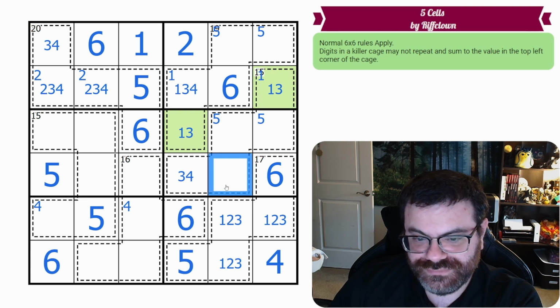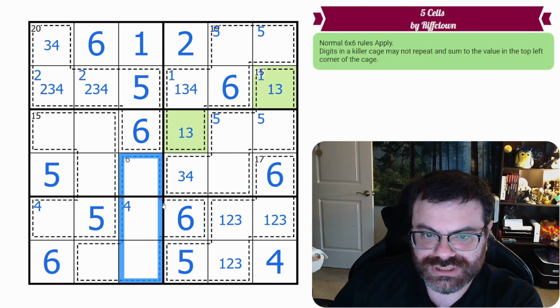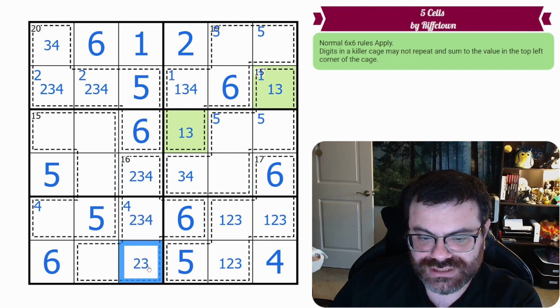This is from 1, 2, 3, 4. This whole row is from 1, 2, 3, 4. This is a triple. 2, 3, 4. That's not a 4. Yeah, 4 is in one of these. This is 1, 2, 3. 4 is one of these two.